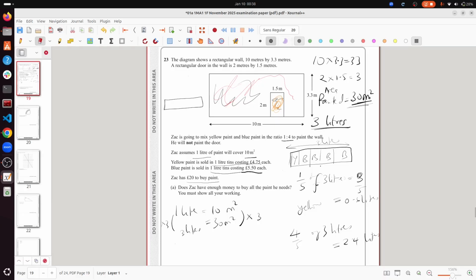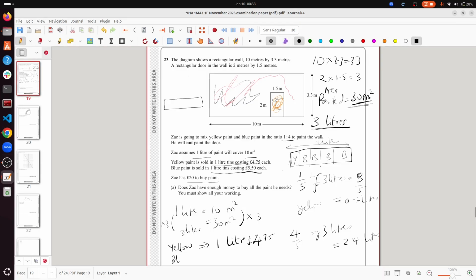Write that properly. For yellow we'll just need 1 liter, which is going to cost me £4.75.